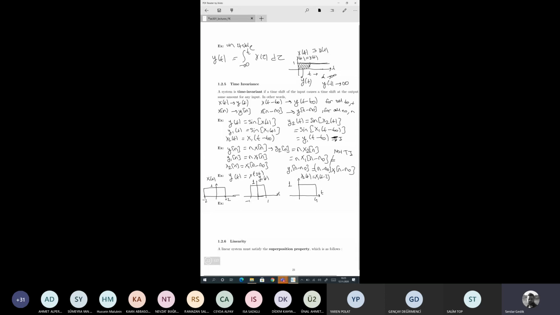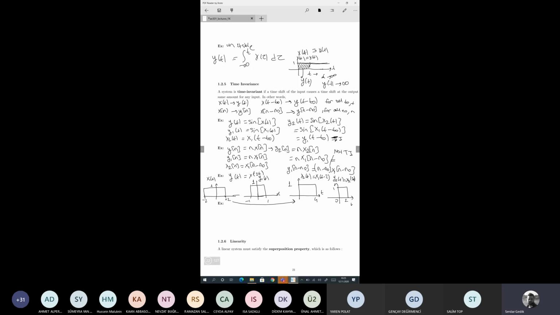I shift this signal 2 units right to find x2 of t. So what about y2 of t? This equals x2 of 2t, right? And it is this signal.